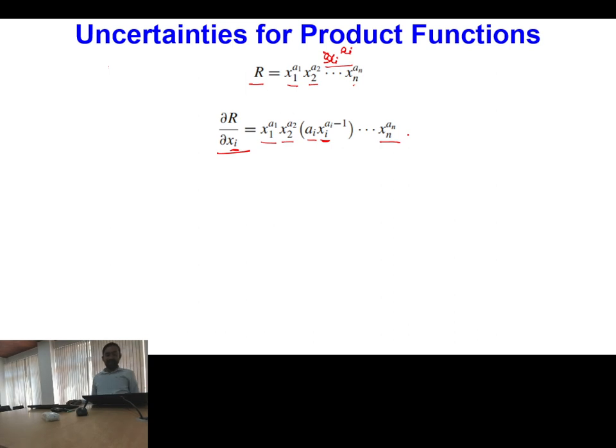Okay, now I can use this formulation in my previous formula.